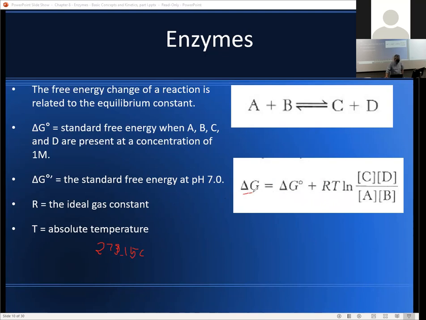So change in free energy equals change in free energy under standard conditions plus ideal gas constant times absolute temperature times the natural log of the concentration of products over the concentration of reactants.